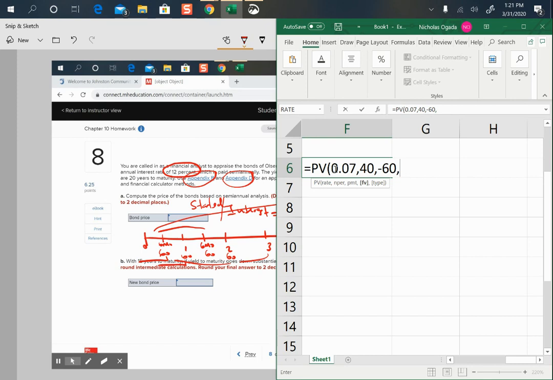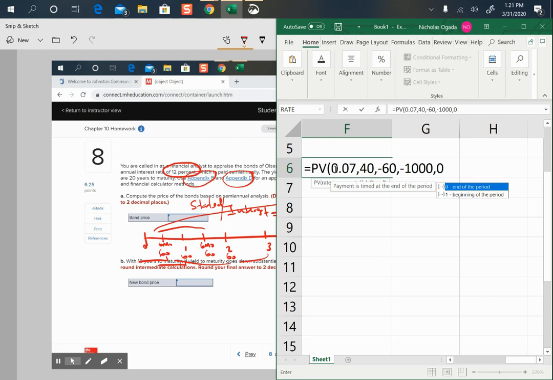And then the future value is basically the face value of this bond. Remember, when this bond matures, it has to pay the face value, and the face value of this bond is $1,000. So that would be our future value. We're assuming these payments are at the end of the period, and therefore our type here will just be zero. If they're coming at the beginning, you'll indicate one.